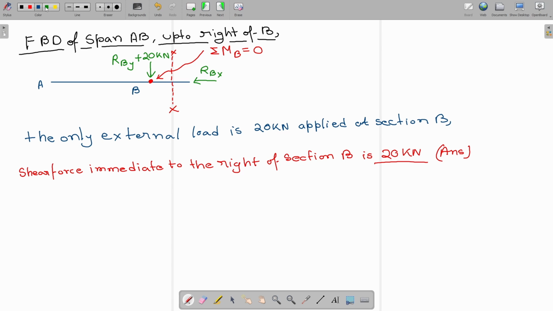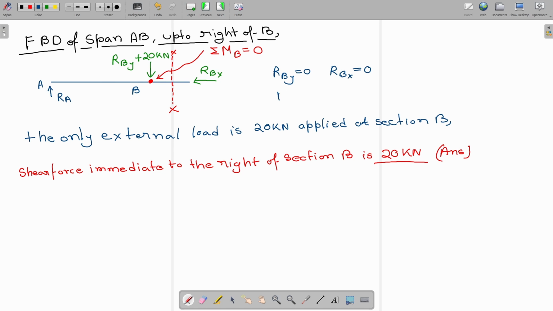Here RBY is equal to 0 and RBX is also 0, since this is the internal hinge. At this point, our reaction force will be acting like this, RA.